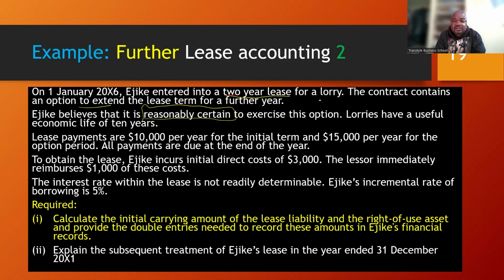So we now have 3 years in the picture, which is the lease term. But the useful life of lorries is 10 years. We are going to use the earlier for our depreciation computations, so we are going to use 3 years.